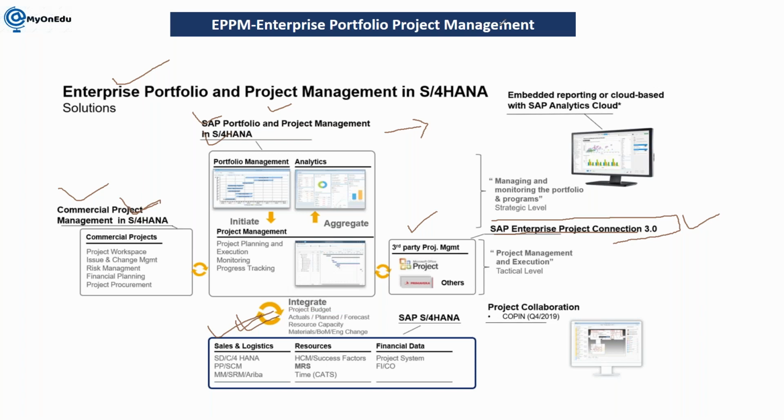So embedded analytics is a part of the internal stack in CPM and in Portfolio Project Management. So that is already given. In a new version of S/4HANA, SAP is giving the rules also, default rules. So we will discuss all these things once we start our sessions.